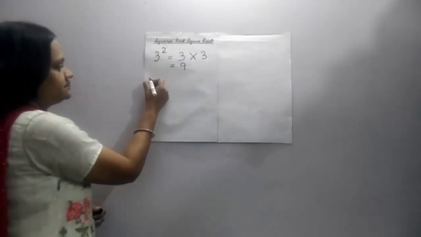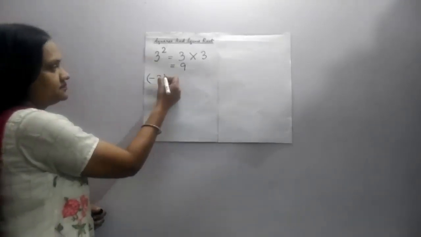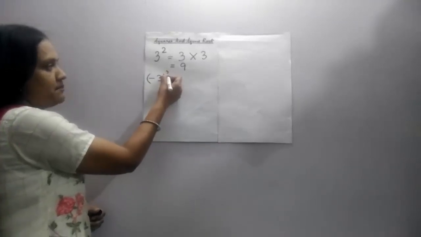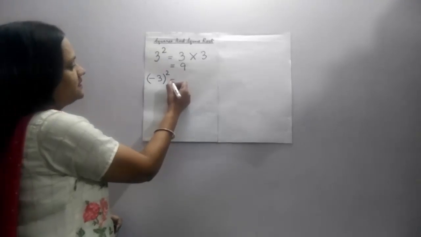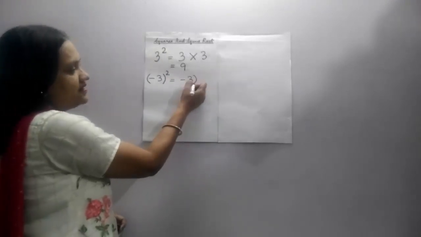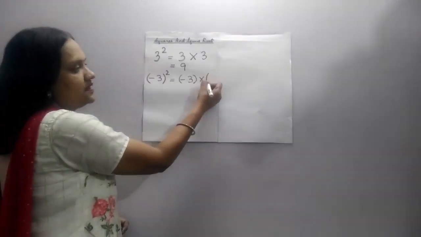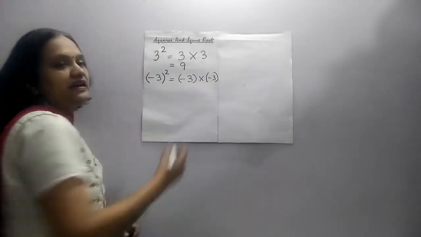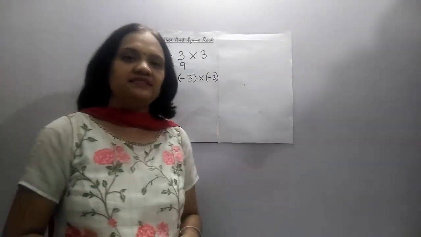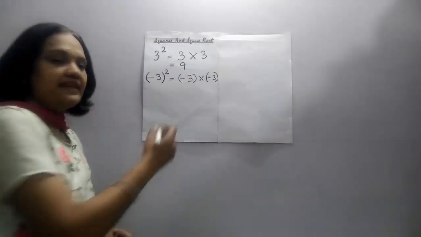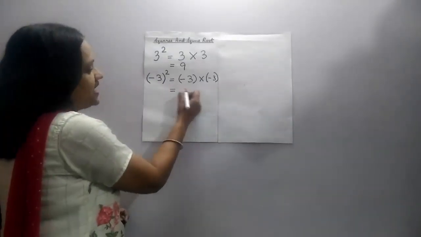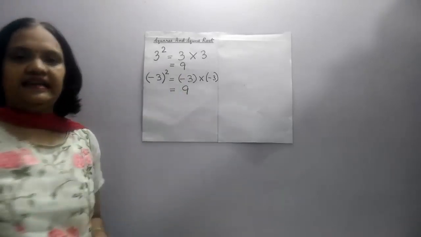Same way, minus 3 whole square means minus 3 into minus 3. Now minus into minus is plus, 3 into 3 is 9. So we again get 9.